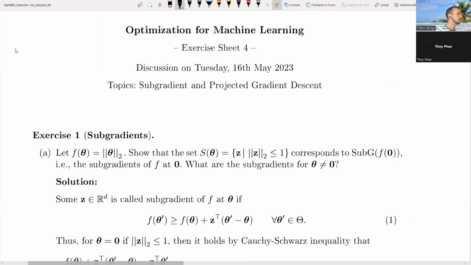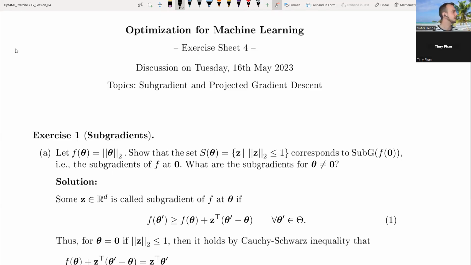So we had these two extensions of the gradient descent, namely the one where we also incorporate subgradients, which are a substitute for the derivative or the gradient when the function is perhaps not differentiable at some point. Then we saw this subgradient is a suitable substitute because it has the one characteristic property we want in order to do the analysis, which guarantees a suitable convergence rate of the subgradient descent.